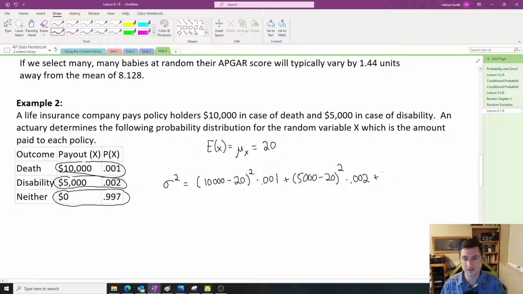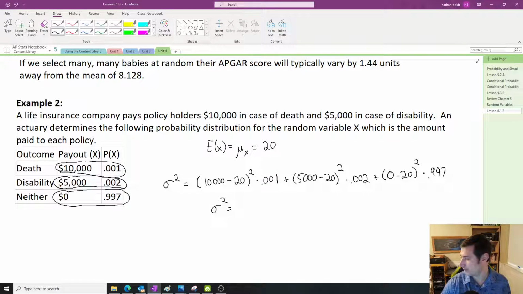And last, $0 minus the mean, square it, multiply by its probability. All right. Then type that into your calculator to finish off getting the variance. Make sure you can type that into the calculator. Make sure you can see how to use all those parentheses, etc. Be careful with them. There's a lot of places to make mistakes.